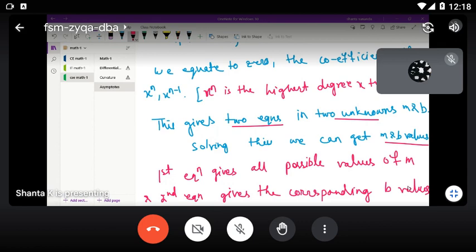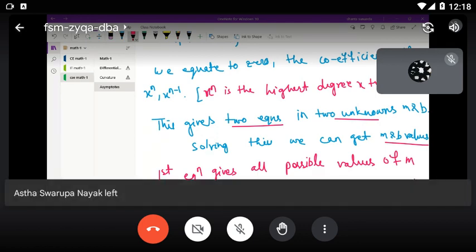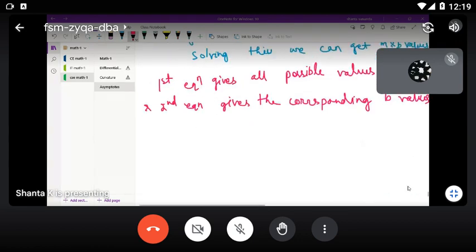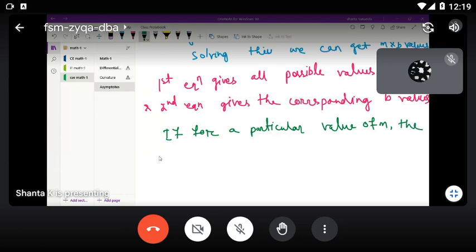What happens if, for a particular value of m, the coefficient of x power n minus 1 becomes 0?